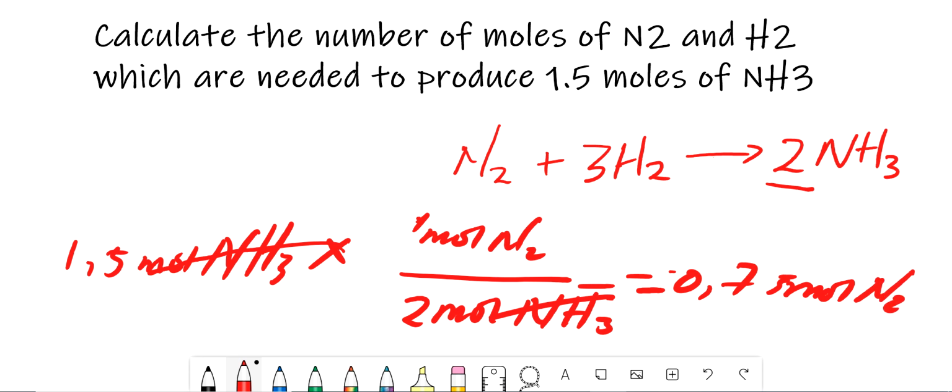I will let you do the other one for hydrogen. It's the same steps: the mole ratio, and then you will get your answer. In this case you will have 3 instead of 1 because of the coefficient in the chemical reaction.